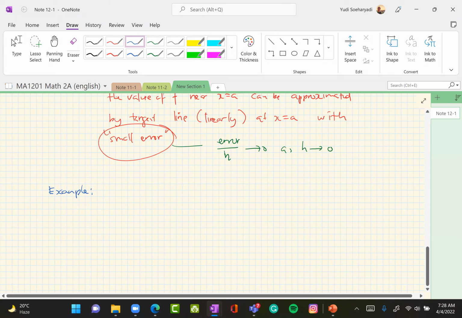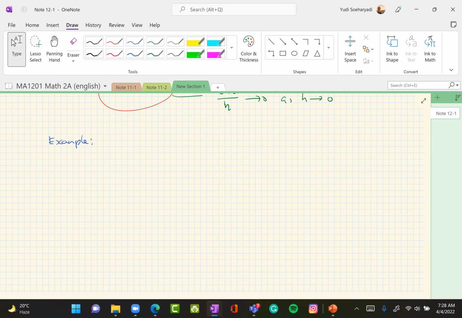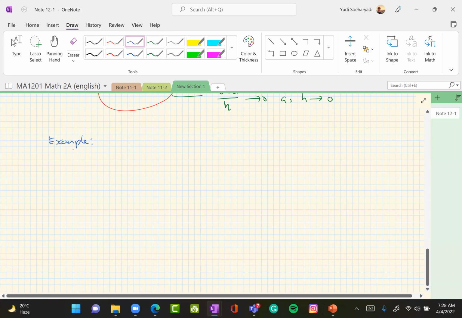Example: what kind of function do you know that is not differentiable?